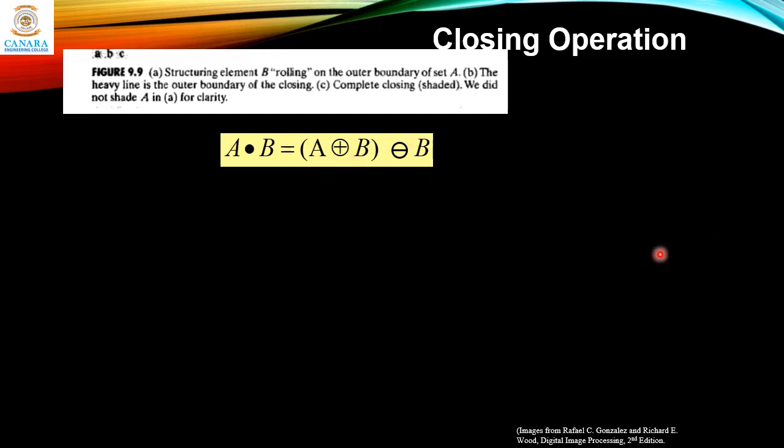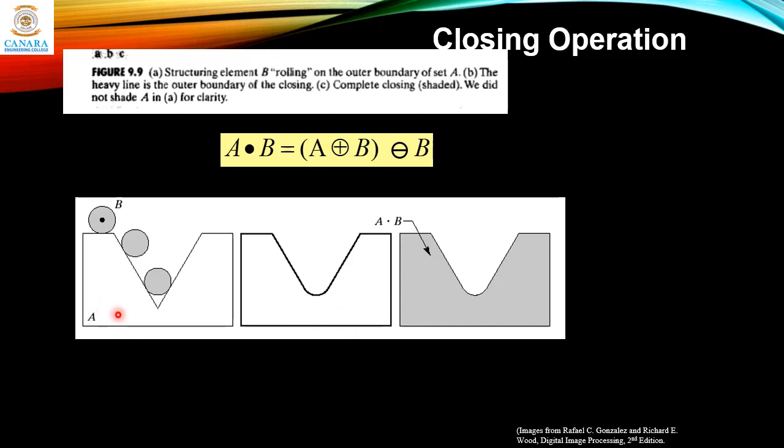Now how it translates on an image, so here is the example. A is the object and B is the structuring element with this solid dot as the center of that structuring element. Basically, in order to perform dilation we need to slide the structuring element around the edges with just enough to touch the foreground object. So in effect it's basically rolling around the edges like this. So this is the closing operation.